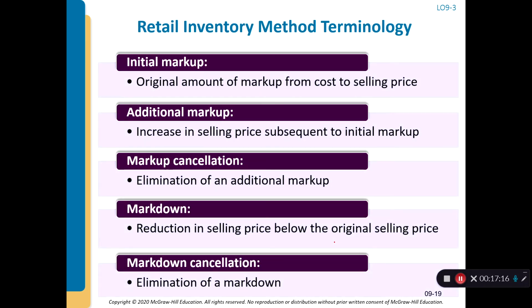In the retail inventory method, we also need to make sure that we consider the initial markup, which is the original amount of markup from cost to selling price, and the additional markup, such as a further increase in the selling price subsequent to the initial markup. Also, sometimes people can cancel their markups, which is the elimination of an additional markup, or there are scenarios like a reduction in the selling price below the original selling price, or markdown cancellation.